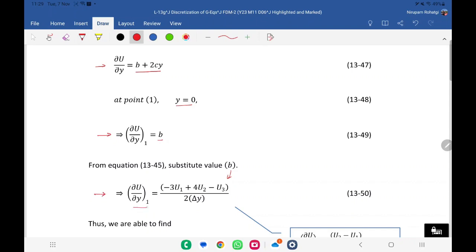So now you have got the derivative in terms of U1, U2, U3. Got it? Same thing we were doing.